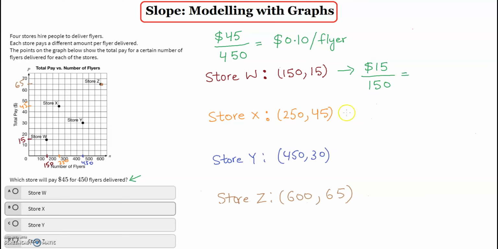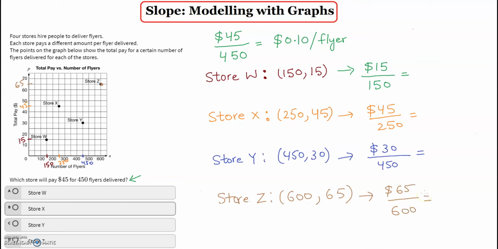Then I will solve. For store X, $45 over 250. Then I will solve. And over here, $30 over 450. I will solve this. And for the last one, it's $65 over 600, and I will solve this one.